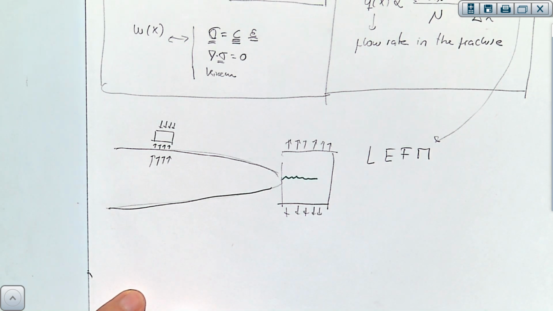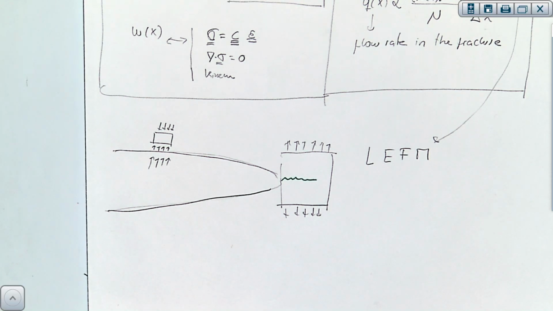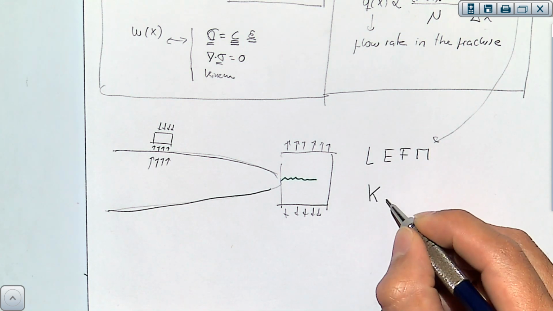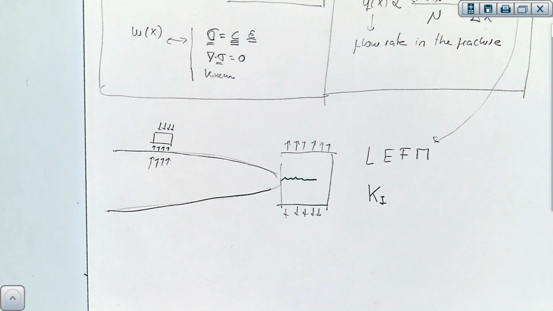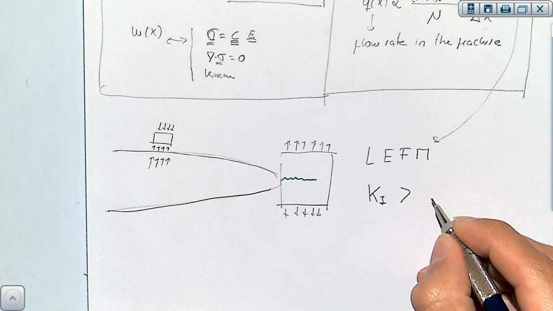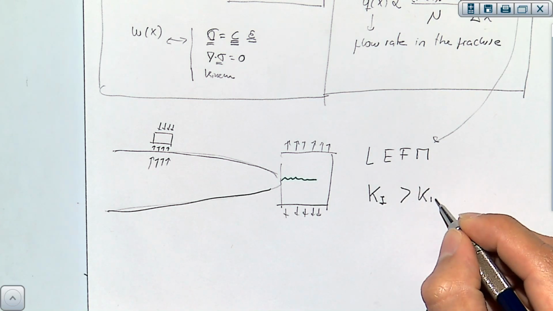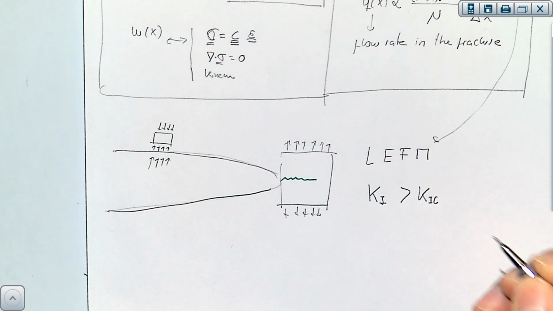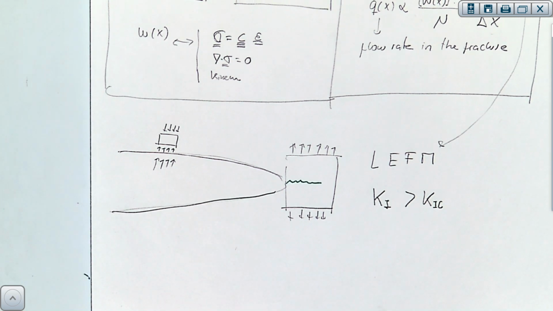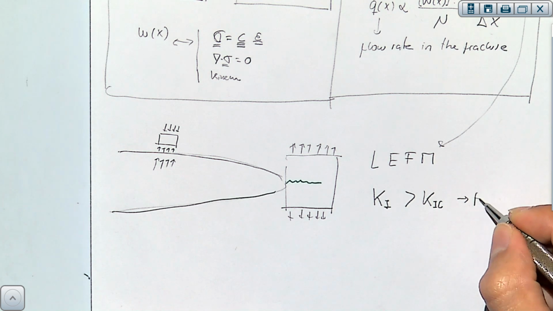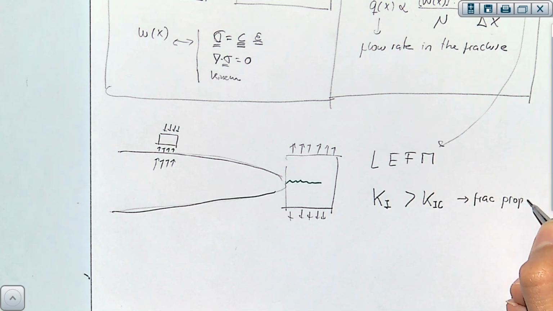So instead of using a stress criterion, we use something else, which is the stress intensity factor, and we're going to say that when the stress intensity in mode number 1, a Roman 1, is larger than the critical stress intensity, also called fracture toughness, then the fracture propagates.